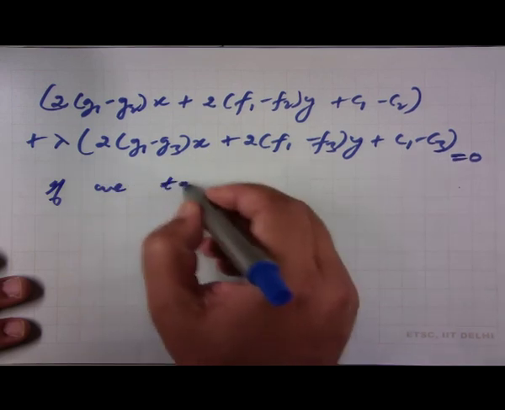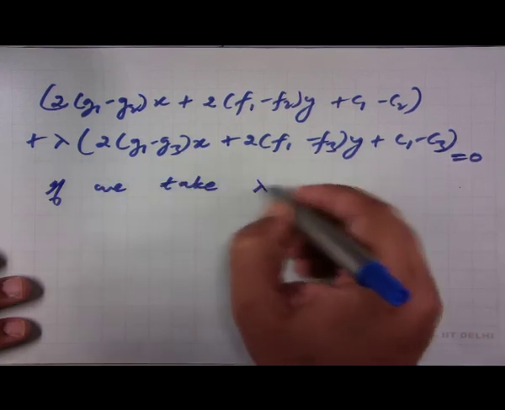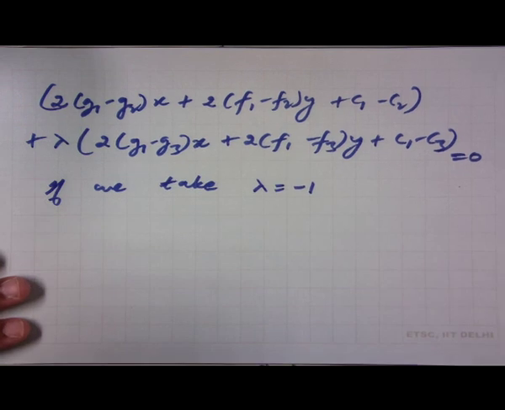If we take lambda equal to -1, then we get a specific straight line.